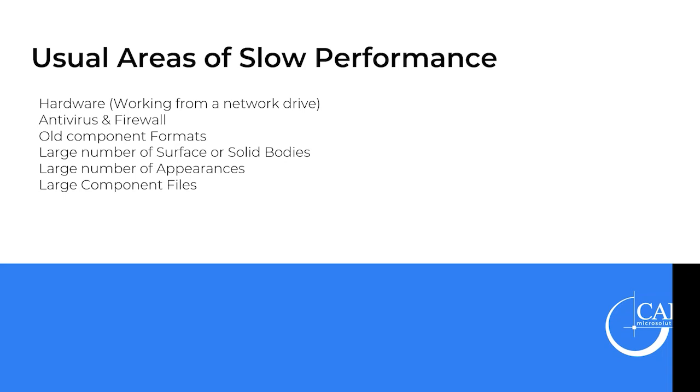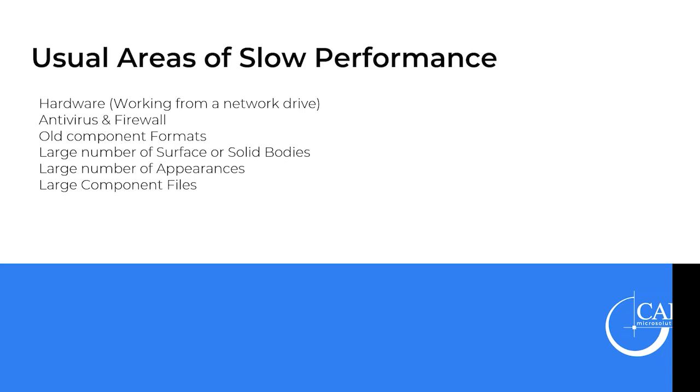Next is a large number of surface or solid bodies. I'm going to get into this in a bit more detail with an example I came across recently. But if you have something which contains lots and lots of surface or solid bodies, this can, not always, but it can affect the open performance. Then, right after that, a large number of appearances. This is an interesting one. If you have lots of appearances applied to a single file, that can make a big difference.